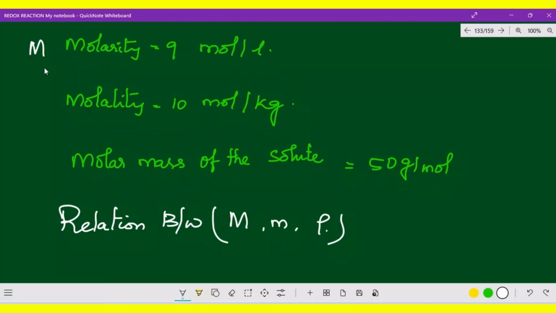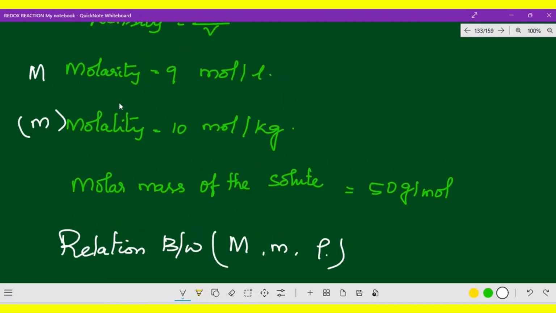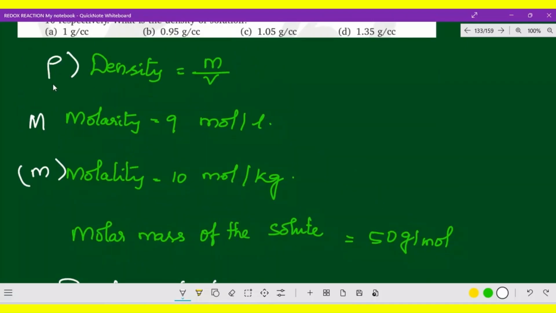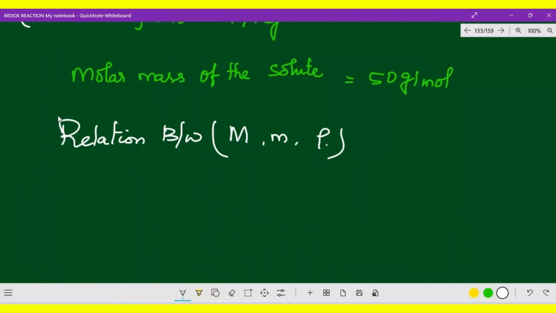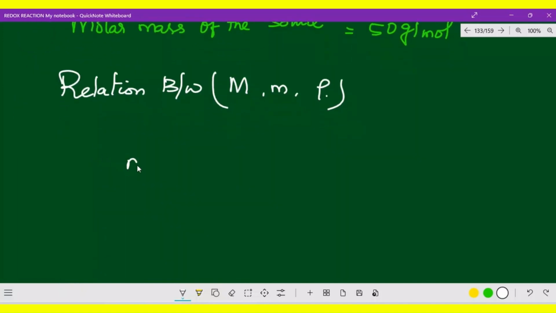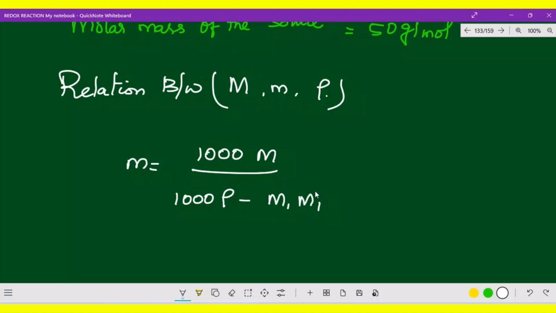Now small m equals 1000 capital M, that is the given mass, divided by 1000 rho, density, minus capital M, and M1, that is the solute given mass into molar mass. So this is what we found in the last question.